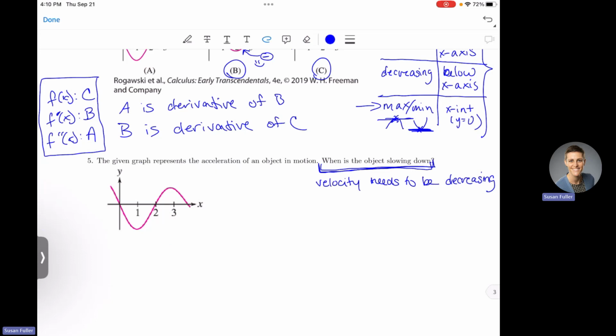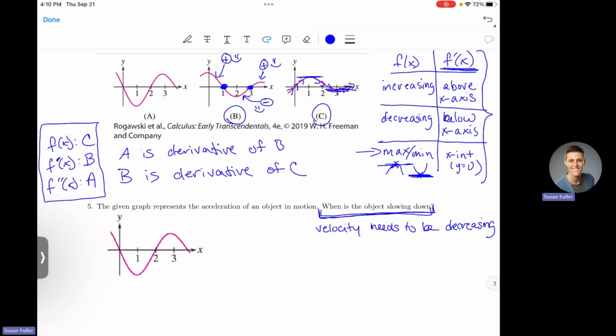Our velocity needs to be decreasing. Okay, well, velocity is the derivative of acceleration, right? This is acceleration. And velocity, which is our original graph, where this is my derivative graph, needs to be decreasing.